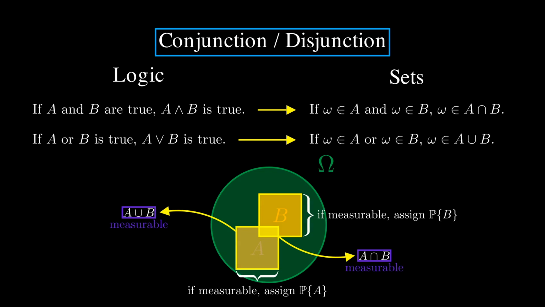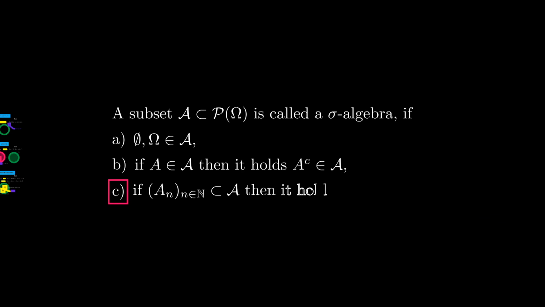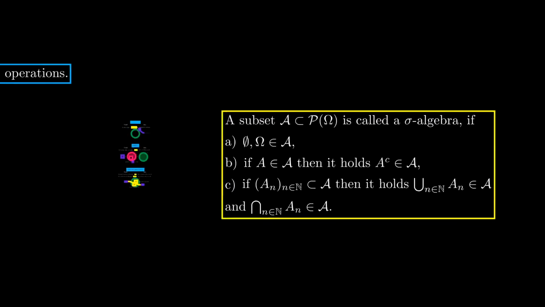To make such questions meaningful, our system also needs to be closed under countable unions and intersections. So to summarize, for a collection of sets to qualify as a sigma-algebra, we need to ensure that if a sequence of sets A_n is measurable, then their union and their intersection should also be measurable. And that's the definition of a sigma-algebra.